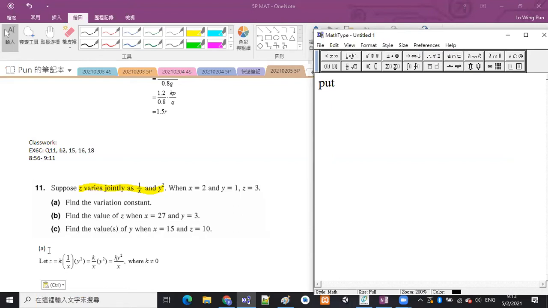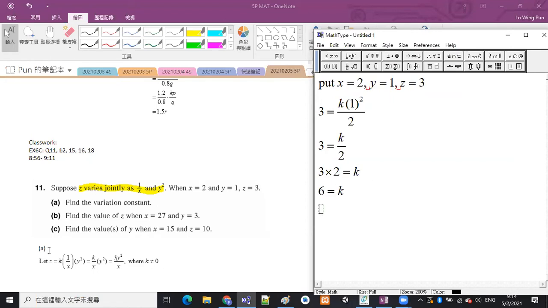Set of numbers into our equation. So x equals 2 and y equals 1 and z equals 3 into our equation. So z is 3. It's equal to k times y squared, that is 1 square, divided by x, that is 2. Okay, so k times 1 square is just k times 1, that is k. Okay, and over 2, and then you just multiply the 2 to the left hand side.